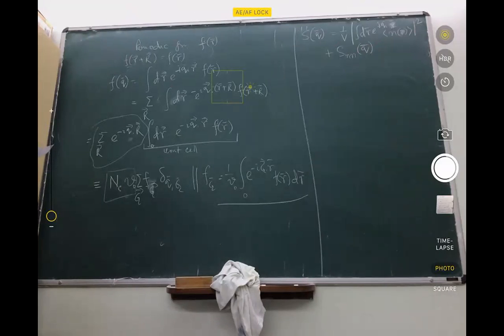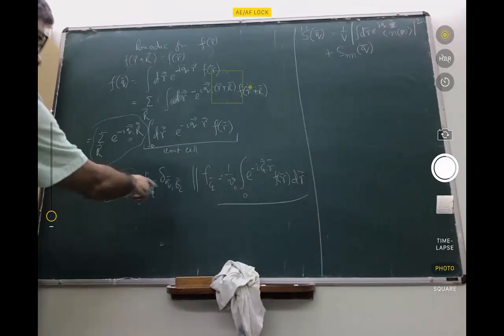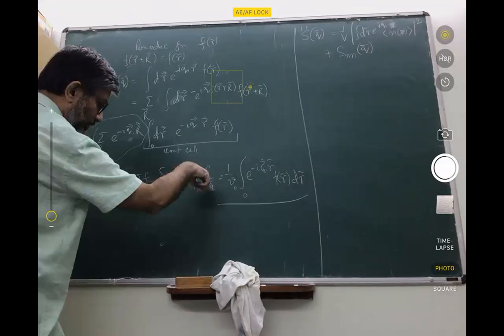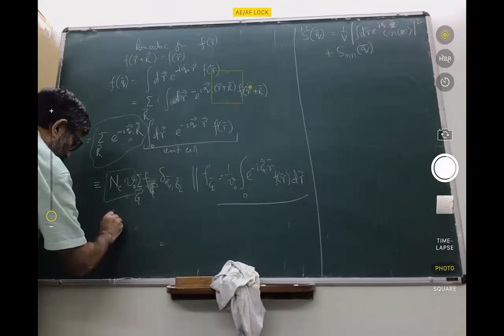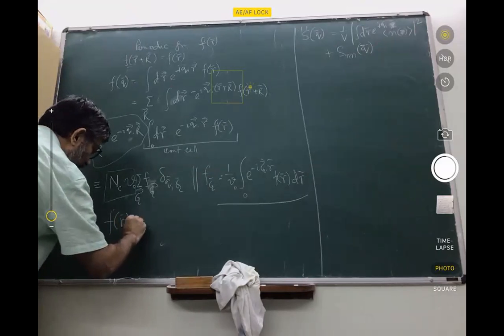Okay, so when you have found the Fourier transform at discrete G's, then how do you do the inverse Fourier transform? Then this is defined.